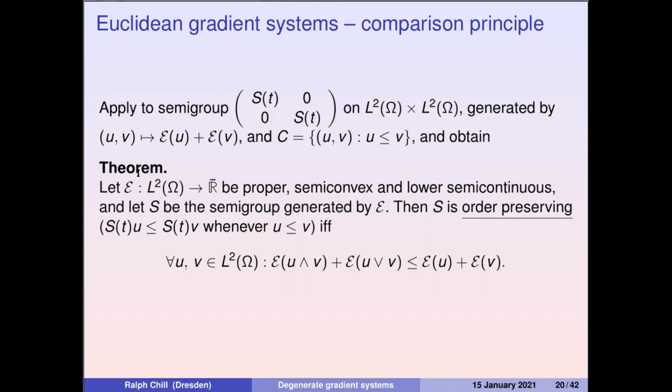And here's a characterization. We will not use this too much, but just to give a flavor that by properties of the energy, we can characterize properties of the semigroup and of solutions.